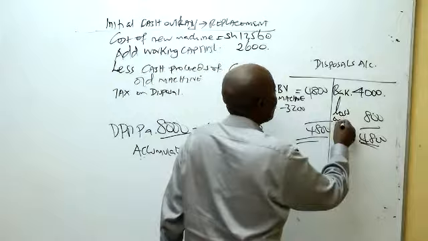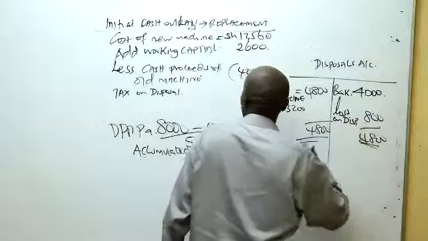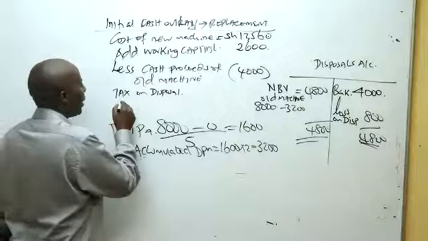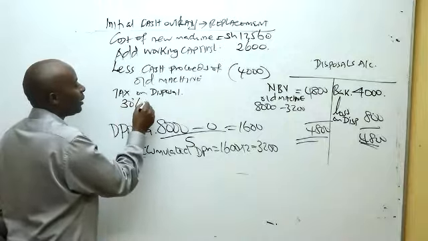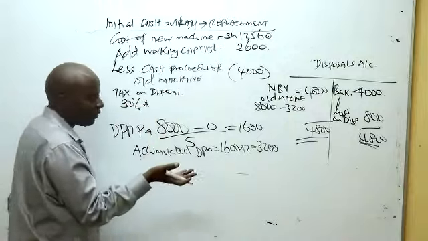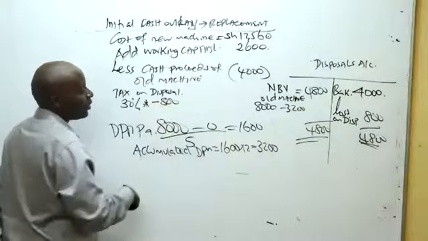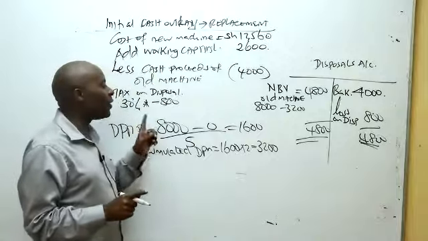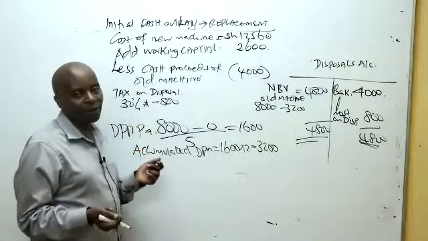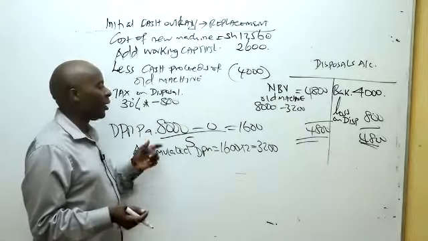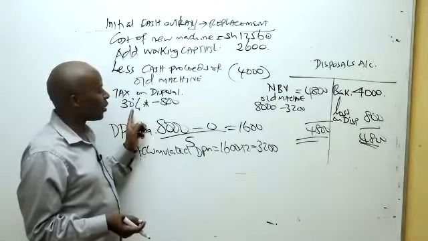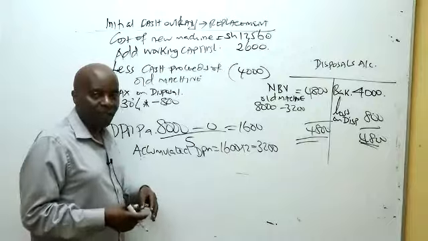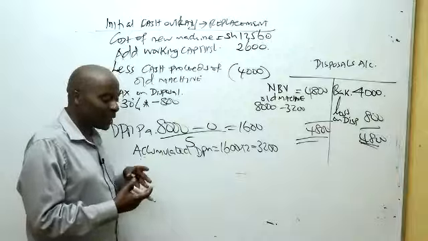So what we shall do, ladies and gentlemen, is to come right away here and take 30% of my loss. My loss, which is minus what here? 800. Remember, many times I've proven to you that whenever you get a loss, it is important for you to tax. You tax a loss, a negative profit. So 30% of minus 800, it's like the taxman is refunding money for you. The taxman is sympathizing with you.